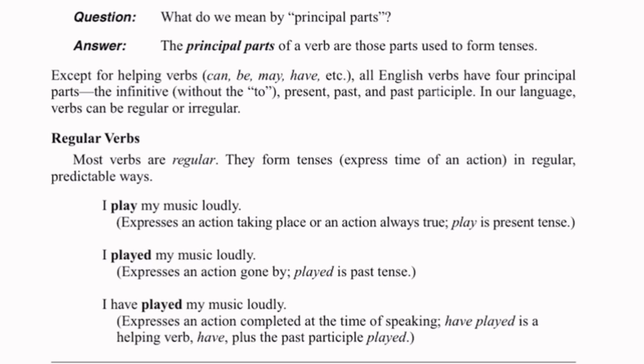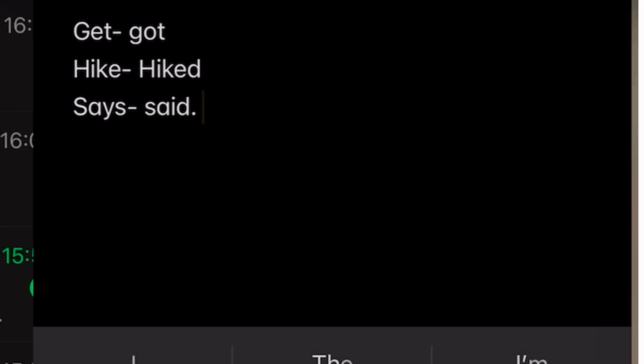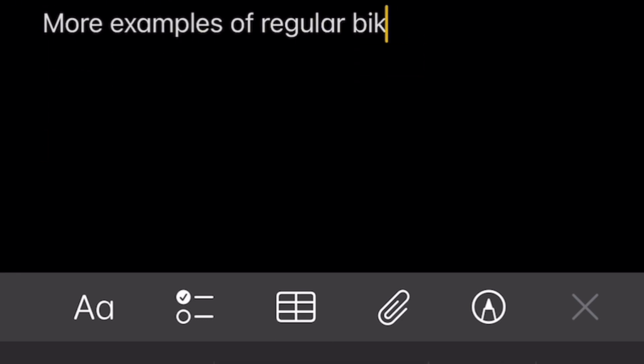I'm going to share a template, a graphic, on the group chat with examples of regular verbs. But let me just give you more examples of regular verbs. We have dance.